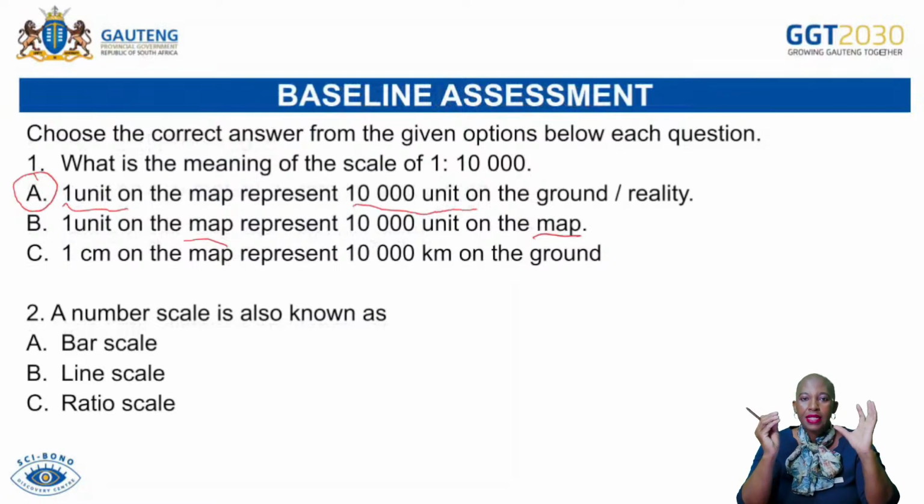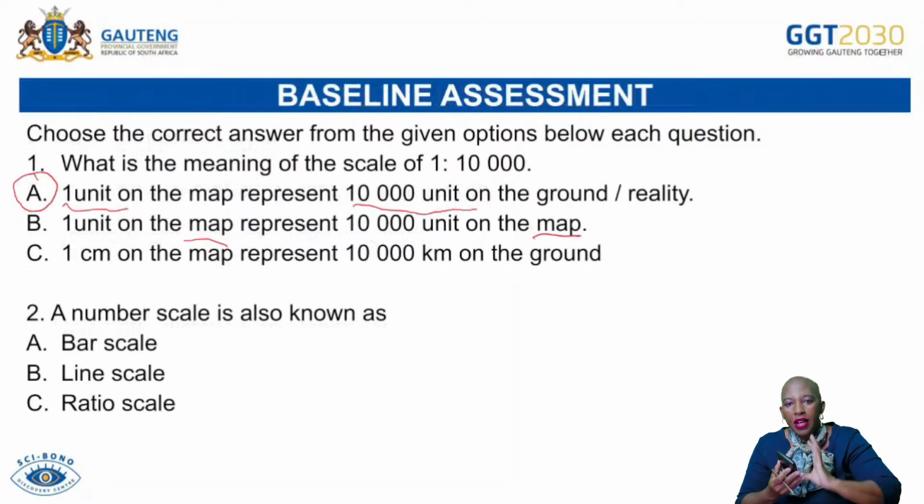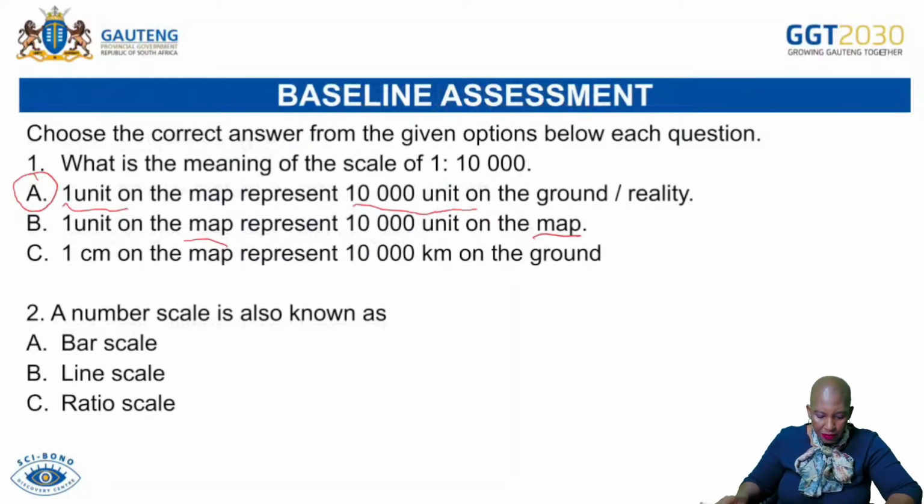It has been made bigger on the paper, because the mosquito is very small. But other items, for example a calculator. In reality this calculator is this big, but on paper you'll find it's smaller. So the image has been resized.